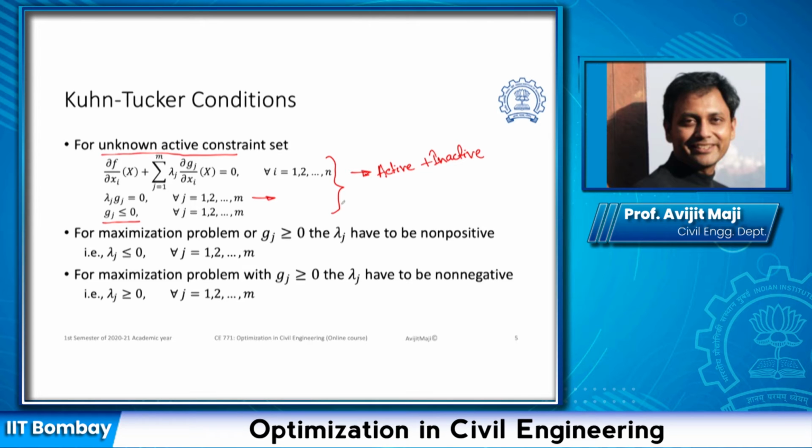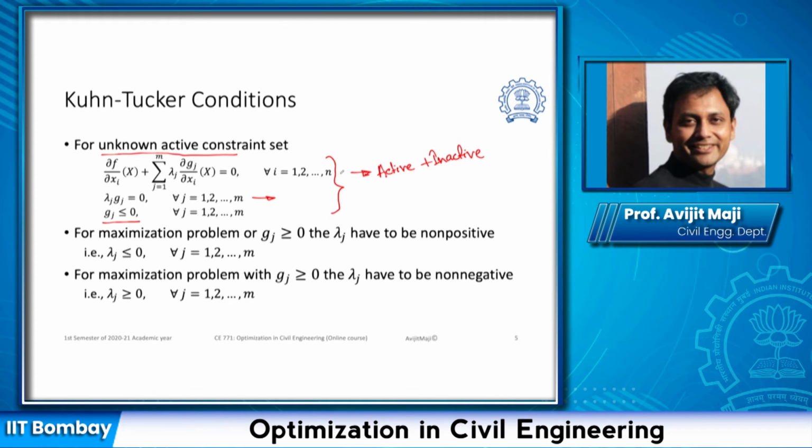Earlier we had said if we are only looking into the active constraints, my Lagrange multipliers are expected to be greater than 0 in case of a minimization problem and less than 0 in case of a maximization problem.